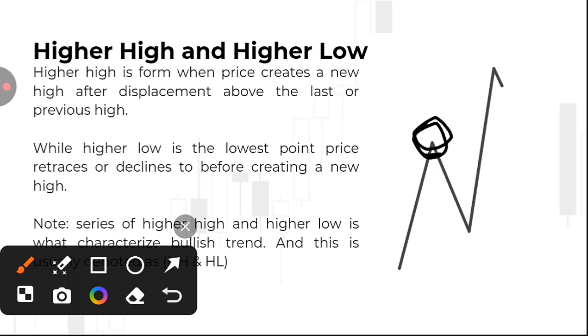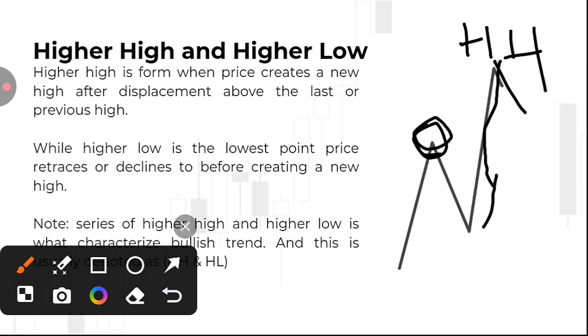The moment price displaces above this last high to create a new high, then we have a new high that is above the previous high, and that is called a higher high. A higher high is a new high price creates after it takes out the previous or last high in the price chart.